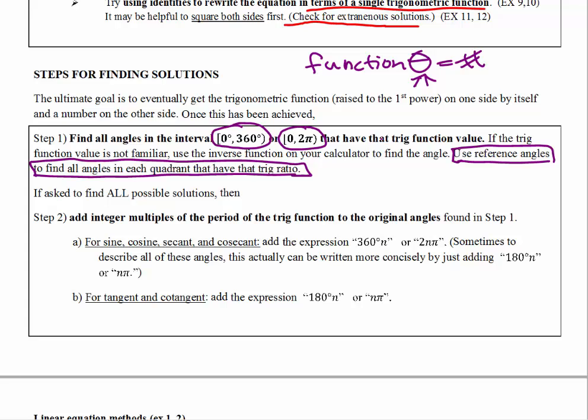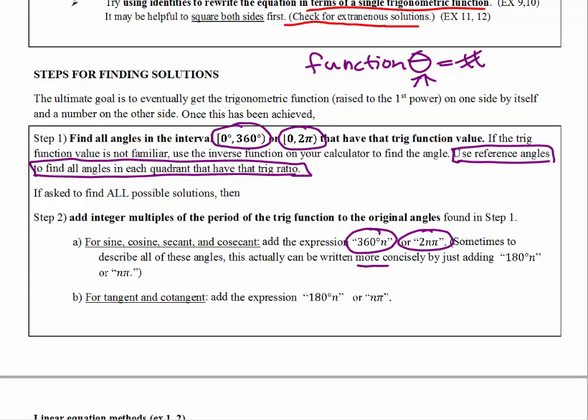If we are asked to find all possible solutions, that means we're looking for all coterminal solutions to the angles that we find on the unit circle. Then we are going to add 360 in, which means all integer multiples of 360, or integer multiples of 2 pi, depending upon if we're working in degrees or radians.